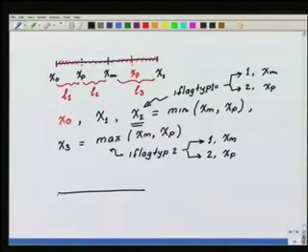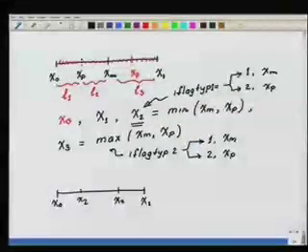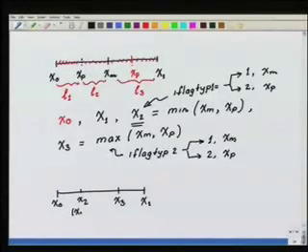If I look at my domain, I have the point x0, the point x1, then the point x2, and the point x3. And the flag tells me whether it is xm or xp here and here. But as far as partitioning the domain is concerned, we have these distinct partitions.